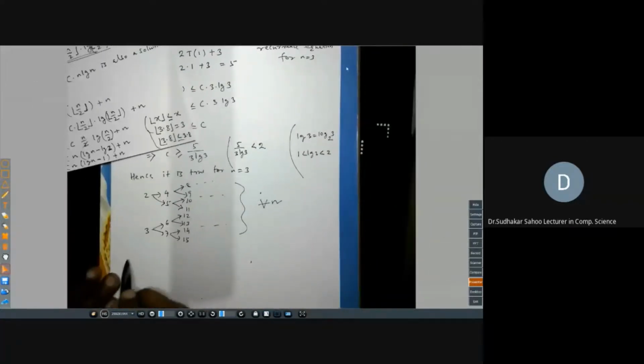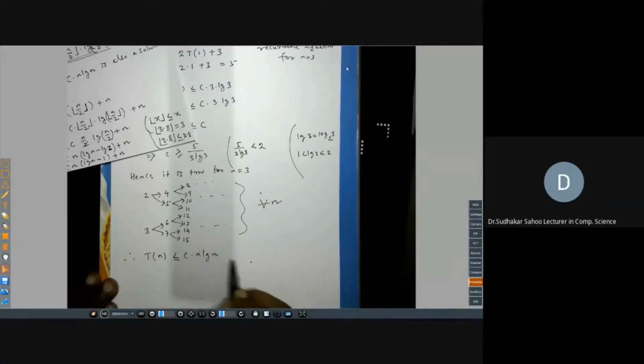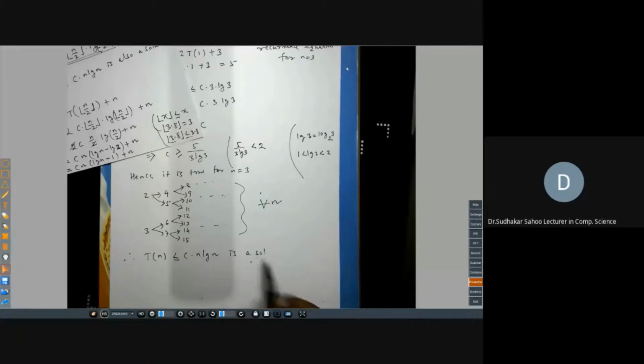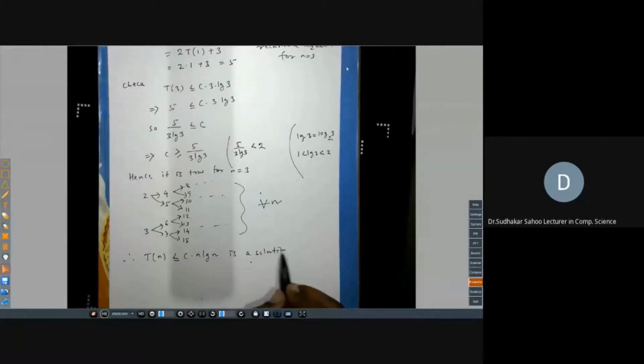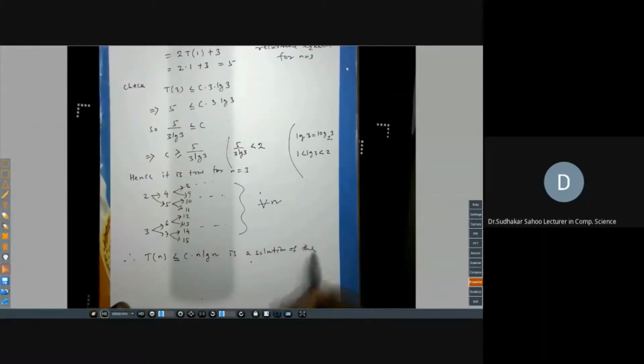Therefore, Tn less than or equal to C into n log n is a solution of the recurrence equation. This we have proved using substitution.